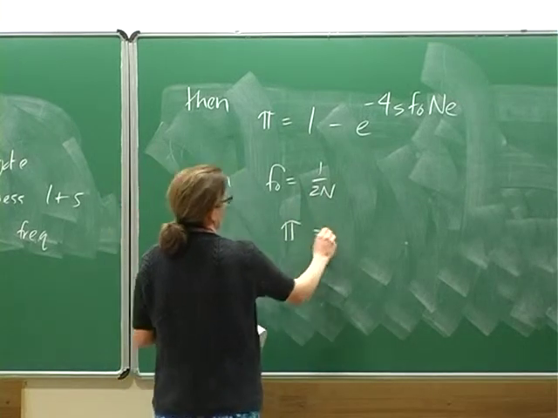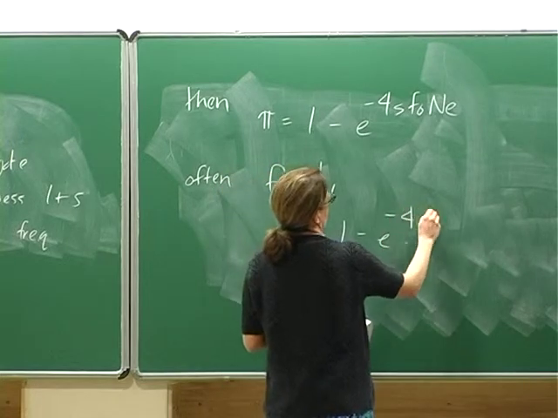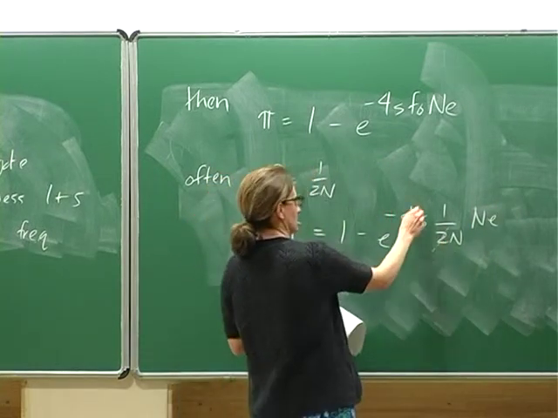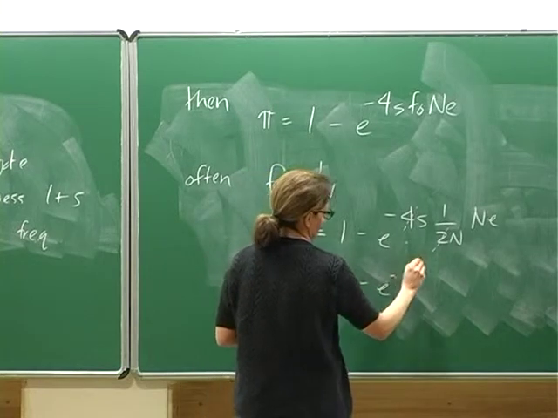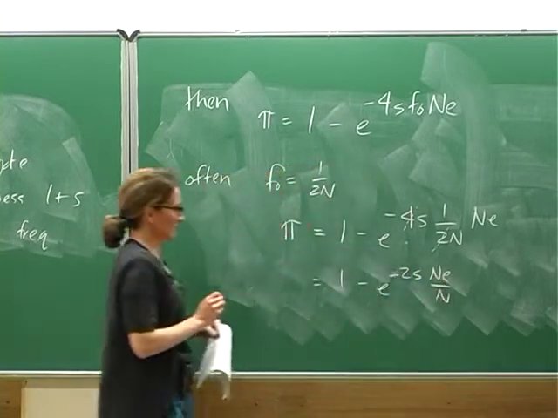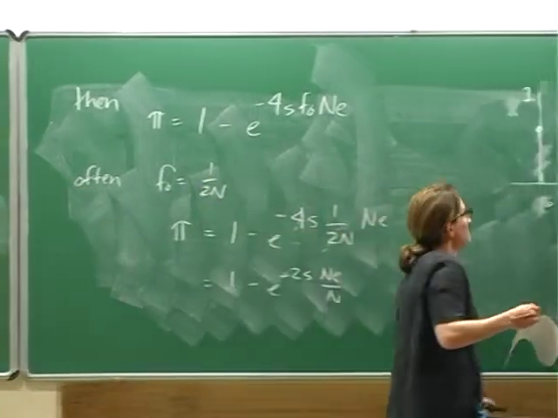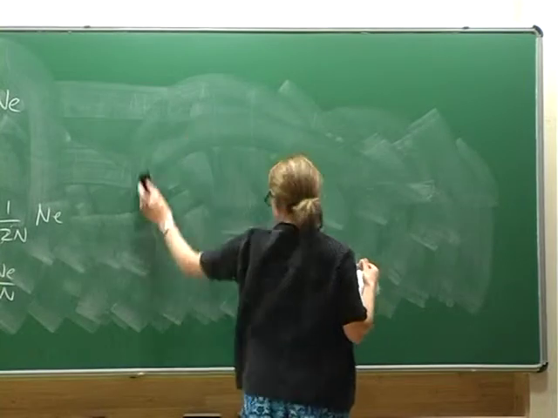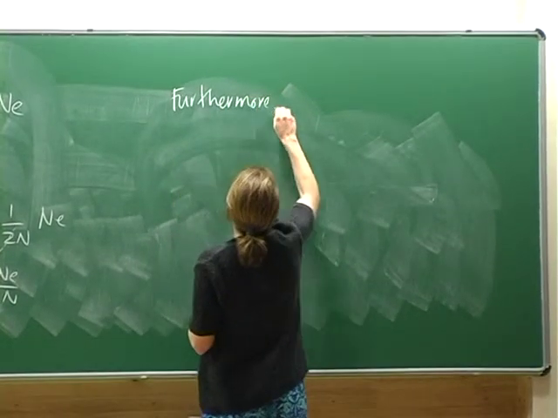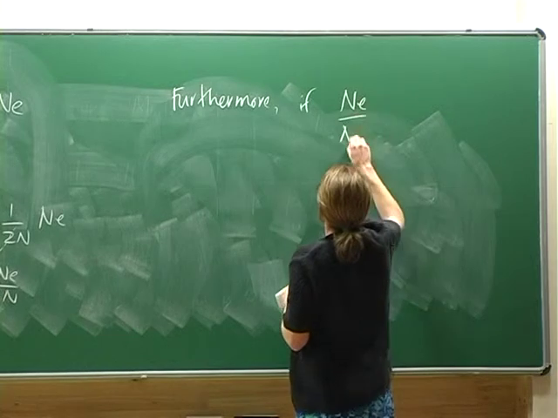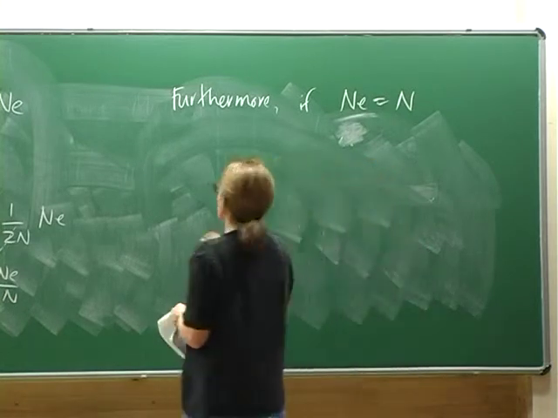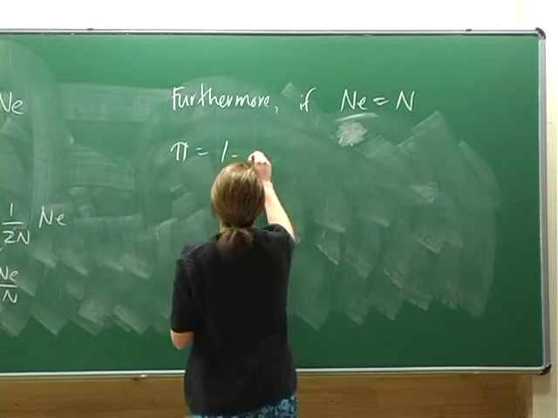And then we get something increasingly simple here: 1 minus e to the negative 4s times 1 on 2N times N_e, which is negative 2s N_e over N. And then furthermore, in the simplifying situation where the census size is the same as the effective population size, we get 1 minus e to the negative 2s.